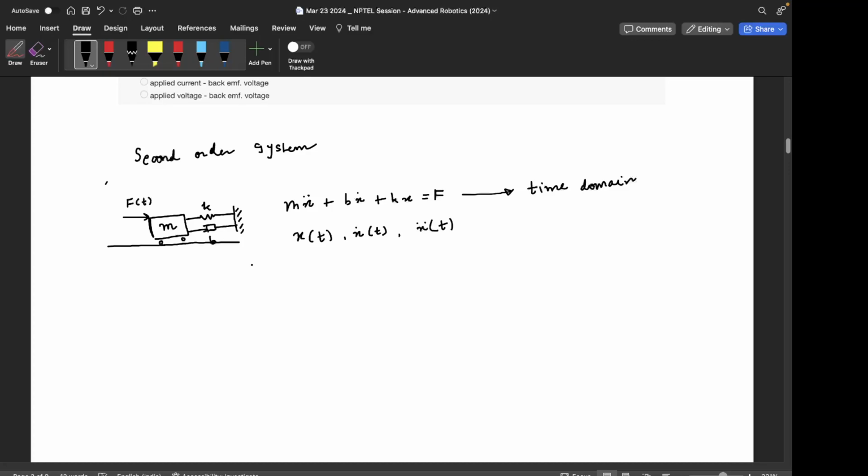But very often these equations are converted into what we call the frequency domain, using the Laplace transform.